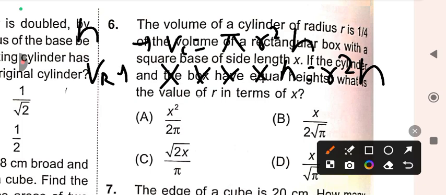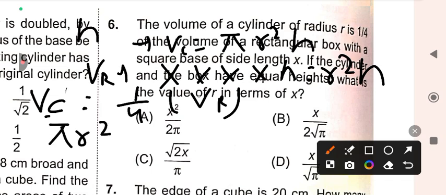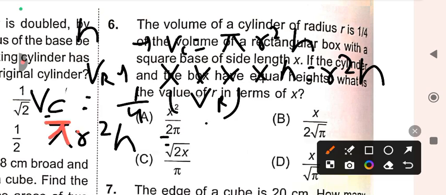Now the volume of the cylinder is equal to 1/4 of the volume of the rectangular box. So we can write the volume of the cylinder as pi r square h, which is equal to 1/4 of the volume of the rectangular box, that is x square h.